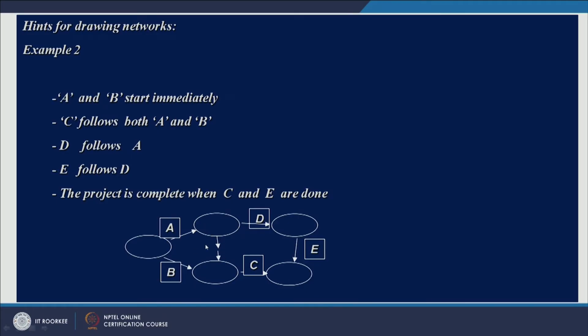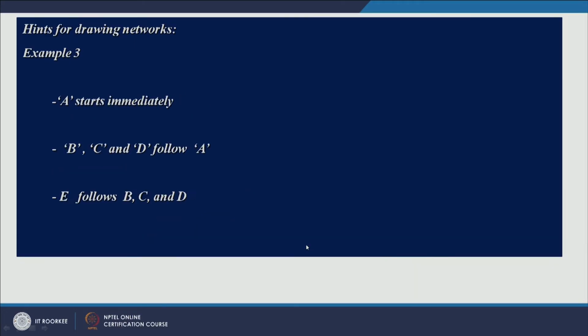Then D follows A, yes, activity D is following A. E follows D, yes, activity E is following D. The project is complete when C and E are done. So, with C and E done, the project is complete. So, this is example 2.